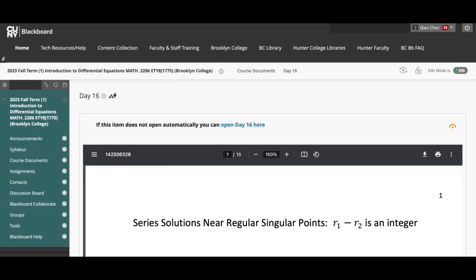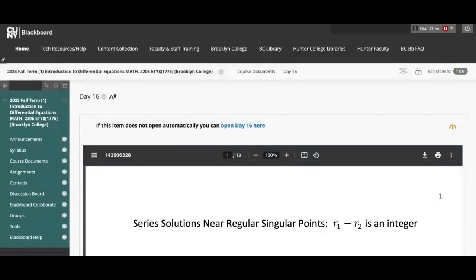But no, I confused. No, that's right. You're right. If the denominator of lowercase p, lowercase q is 0, it means it's not analytic, meaning 0 is not in the domain of those two functions. It depends on the denominator, not the numerator, right? Right, the denominator. Okay, I got you. I did it right. I just wanted to make sure. Okay, thank you. You're welcome.